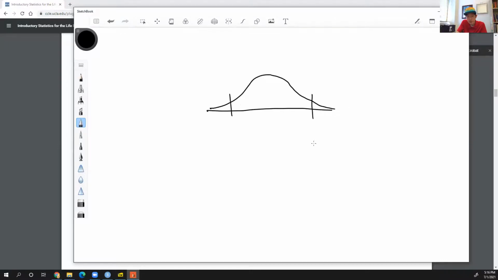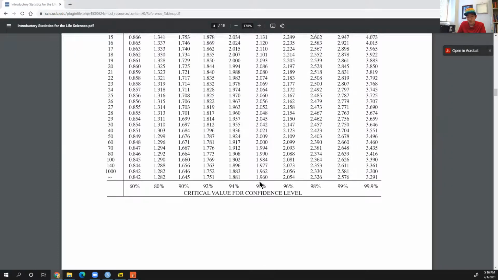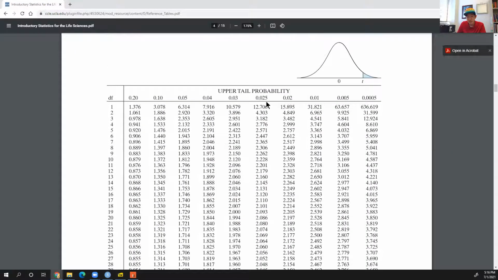Let's say we want 0.95 in the middle. How much is going to be in each tail? You're going to have 2.5% over there and 2.5% there. So if you look at 95%, the corresponding upper tail probability is going to be 2.5%.